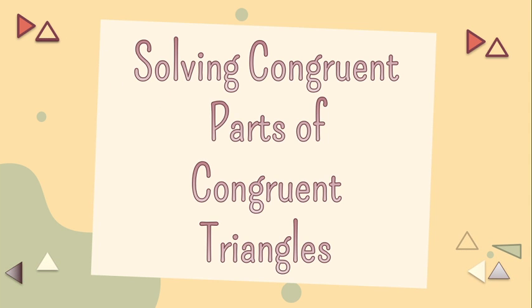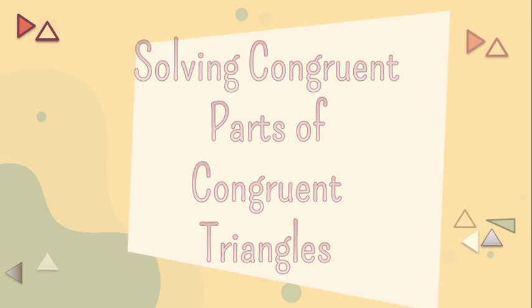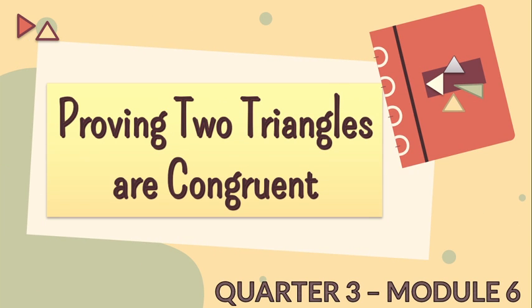Then, the last one, yung ating huling diniscuss, is solving congruent parts of congruent triangles. Kung hindi nyo pa napapanood yung video kung paano mag-solve ng congruent parts ng congruent triangles, you can watch the previous video. That is Quarter 3, Module 5. Now, let's proceed to proving two triangles are congruent.